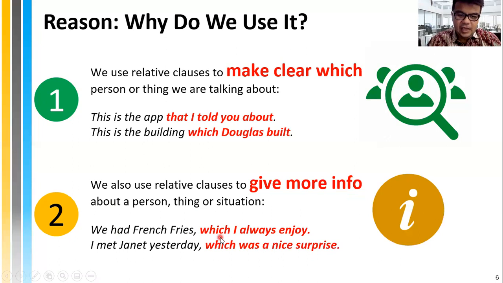Another example: I met Janet yesterday. That would be enough, but since we want to give more information, we can say, I met Janet yesterday, which was a nice surprise. The event of meeting Janet yesterday was a nice surprise.